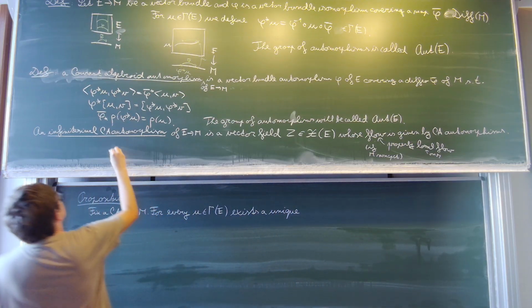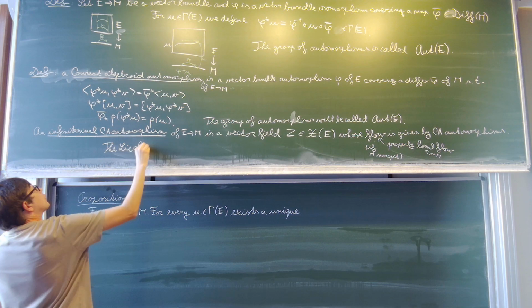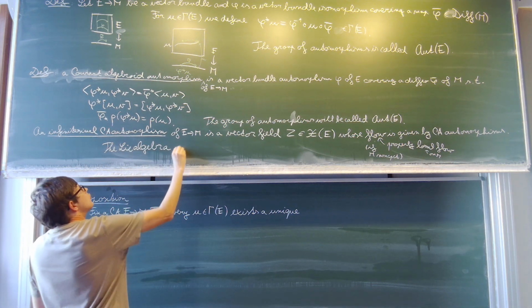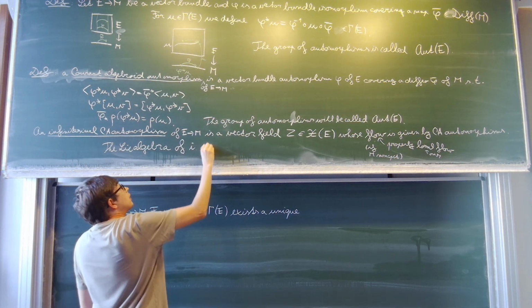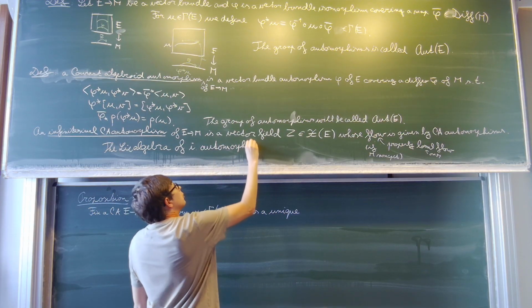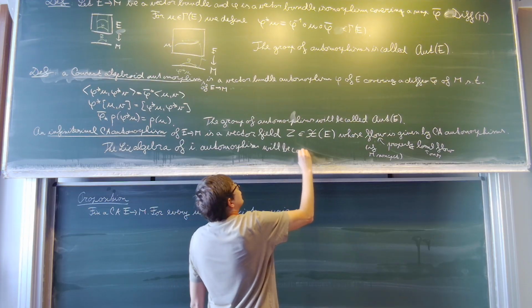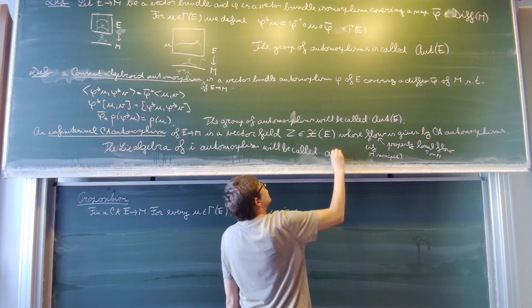Okay, so the Lie algebra of infinitesimal automorphisms, part of the definition above, will be called small aut.